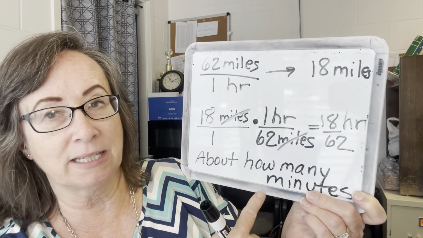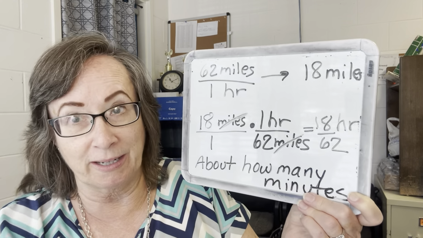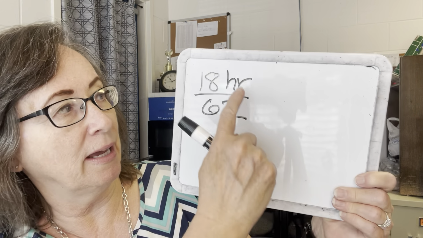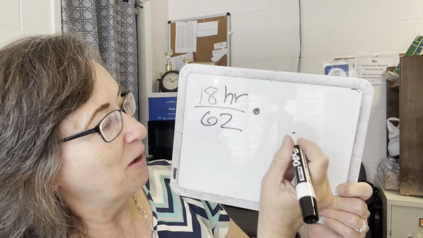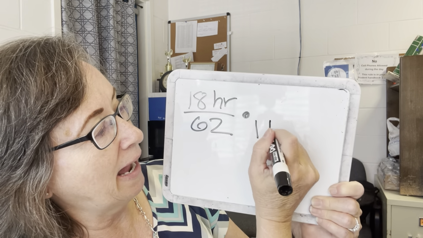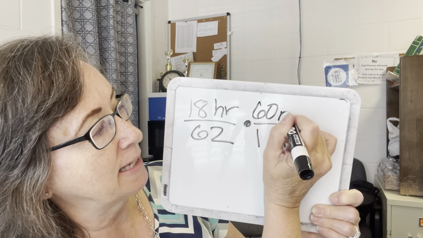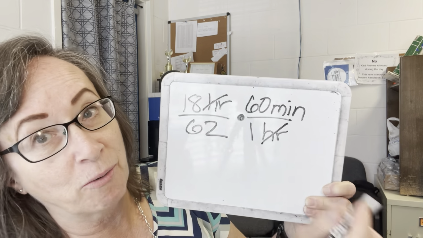But they want to know how many minutes. So I'm going to get another board here. Okay, so I have 18 over 62 hours, but I want minutes. So I'm going to multiply by 1 hour in the denominator, 60 minutes in the numerator. And my hours are going to cancel hours.